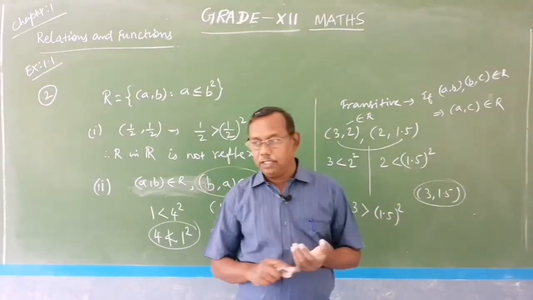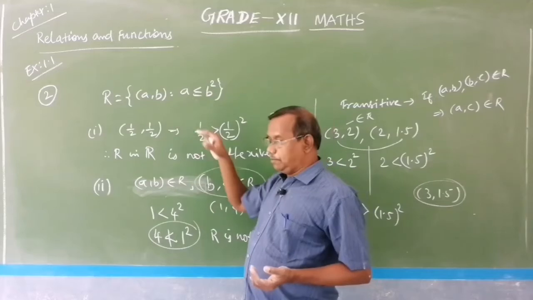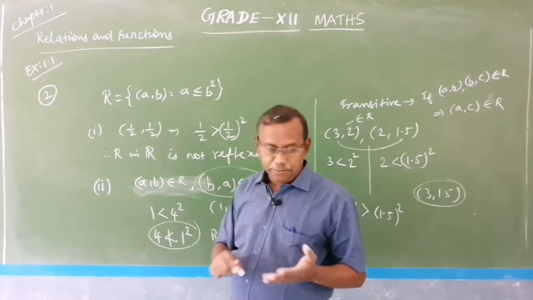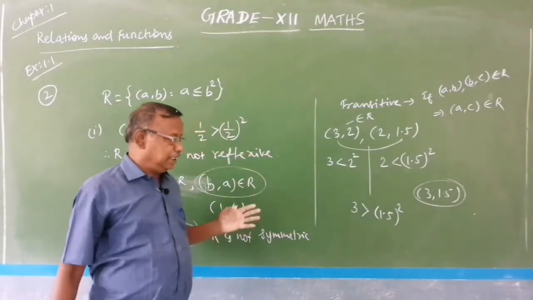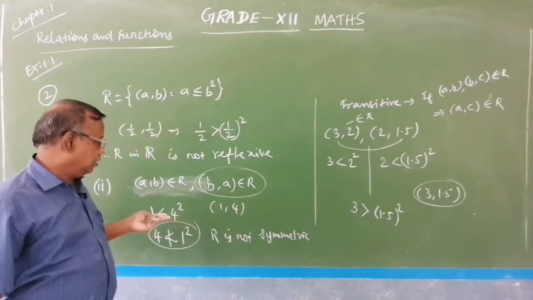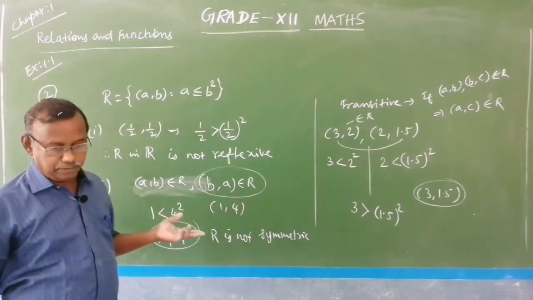So the given relation R in the set of real numbers is neither reflexive nor symmetric nor transitive.